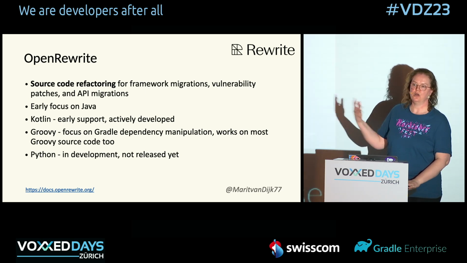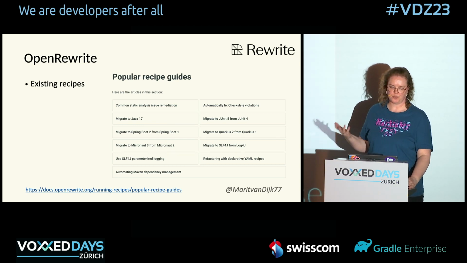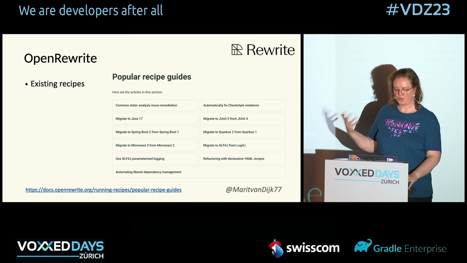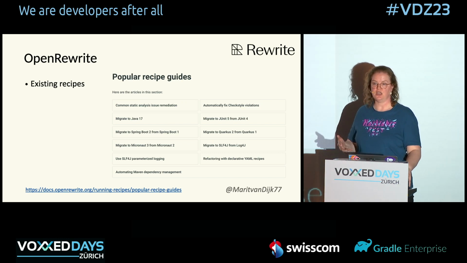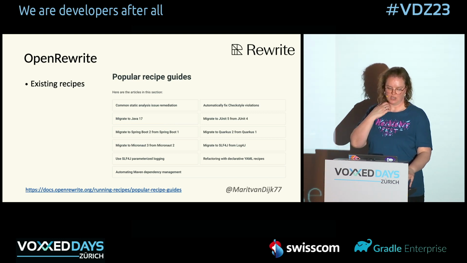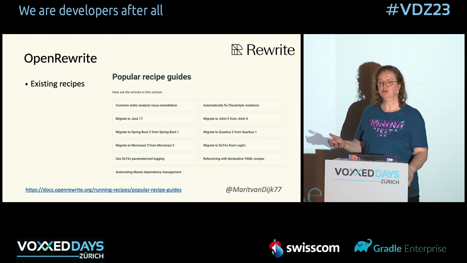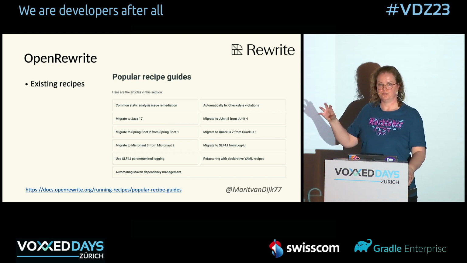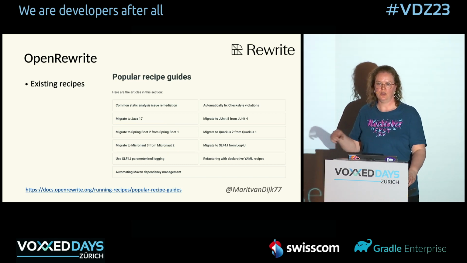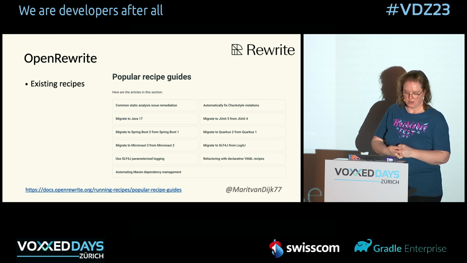OpenRewrite can do code migrations for you. They have a bunch of popular recipes, not only to migrate, for example, from JUnit 4 to 5 or Spring Boot versions. They also have static analysis issue remediation, so they can fix security bugs in your code and help you with your Sonar metrics that way.